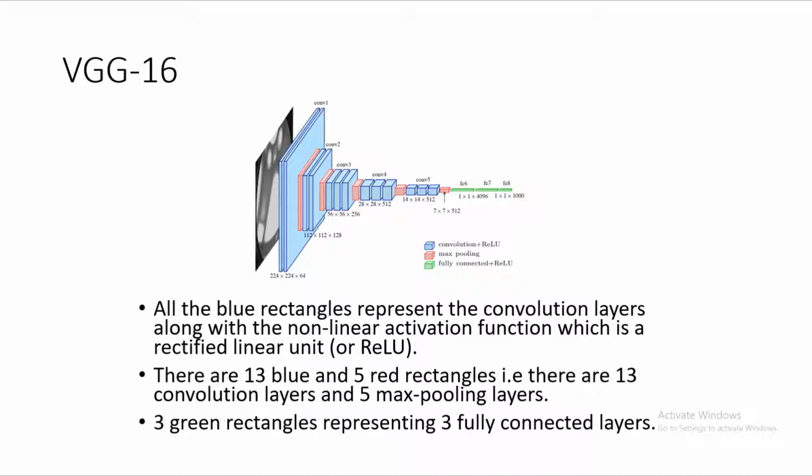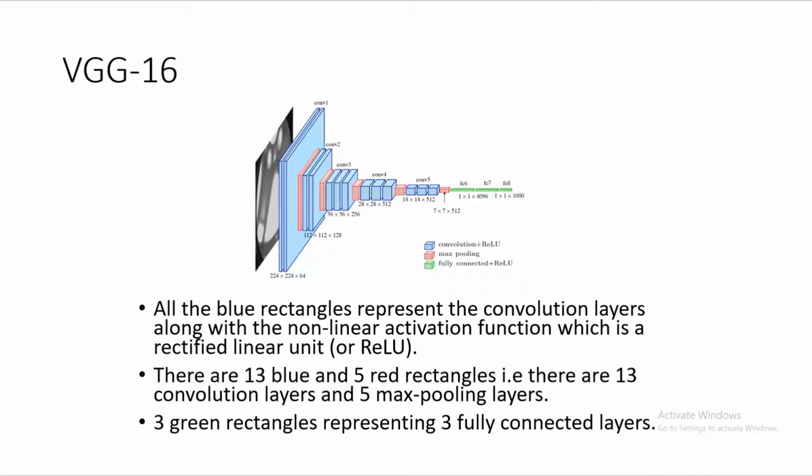Here we can see the blocks are distinguished by color: blue, red, pink and green. All the blue rectangles represent the convolution layers along with the nonlinear activation function, the rectified linear unit, ReLU.